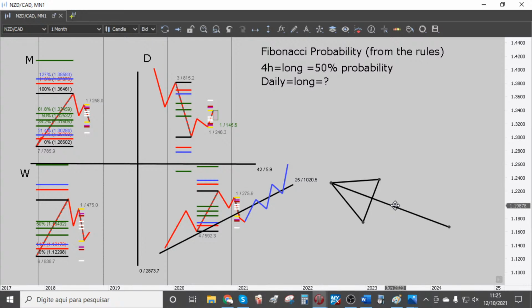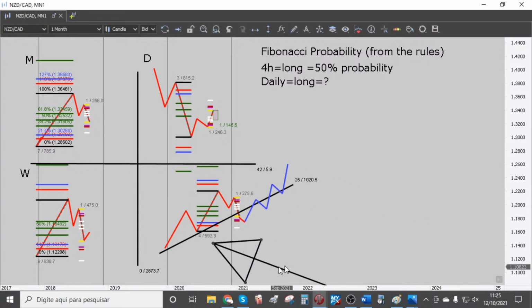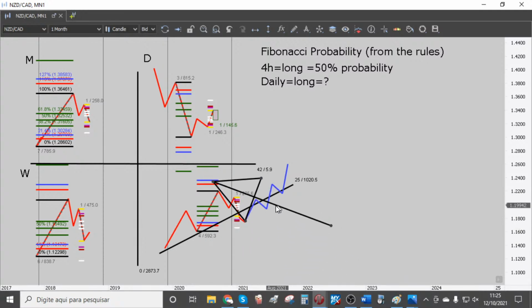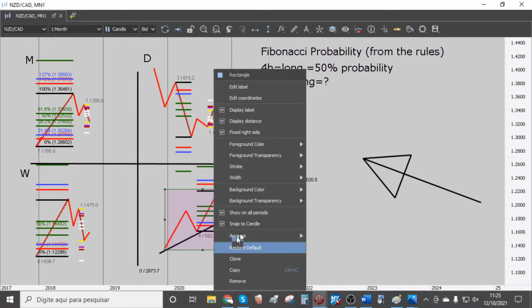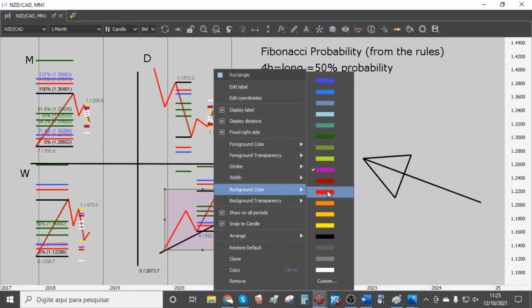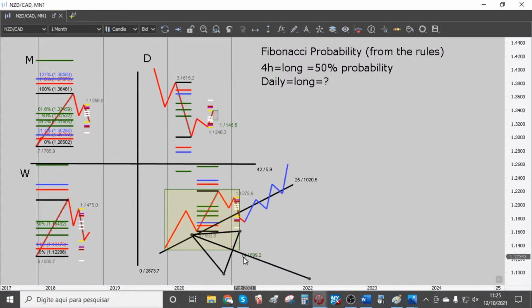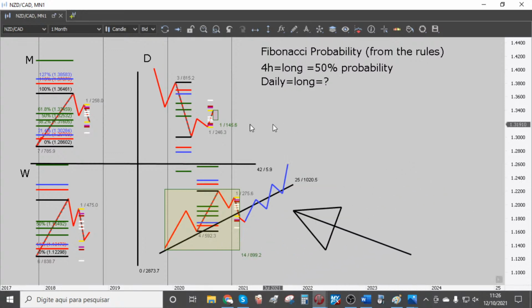Now, this is called spatial intelligence, everybody. Okay, what is spatial intelligence? When we are looking at the chart, we are able, and this is part of the skill, you can train yourself to see that this price action from the 4-hour chart is this price action from the daily chart.